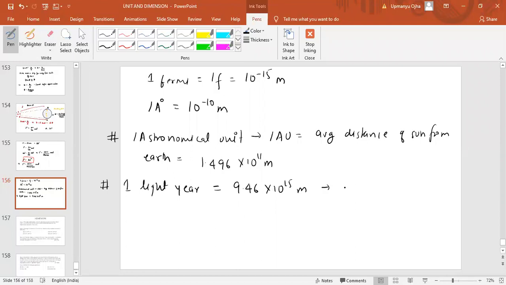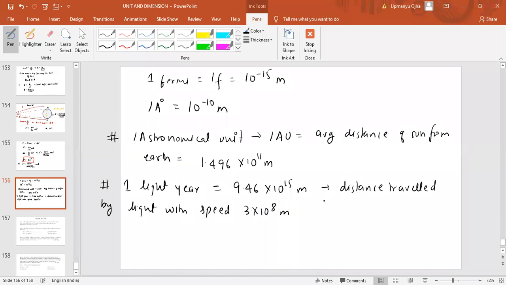It is the distance traveled by the light with a speed of 3 into 10 to the power 8 meters per second in 1 year. So the distance traveled by the light in 1 year is equal to a light year.